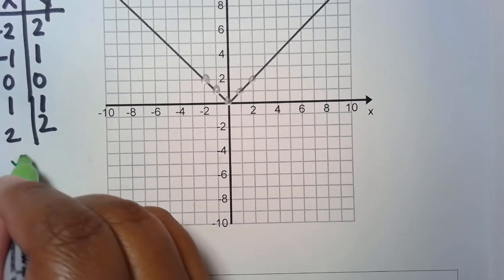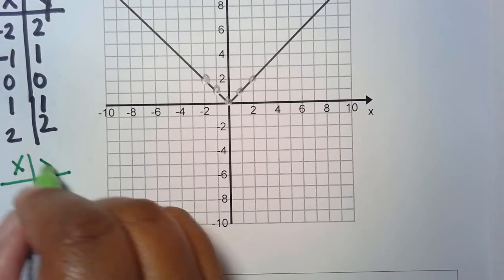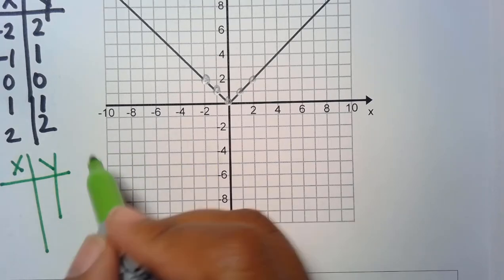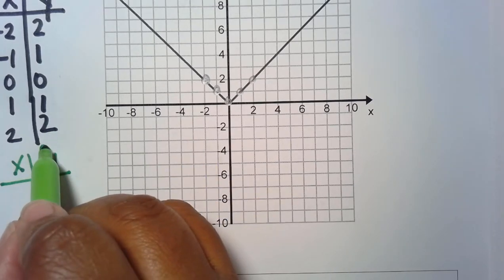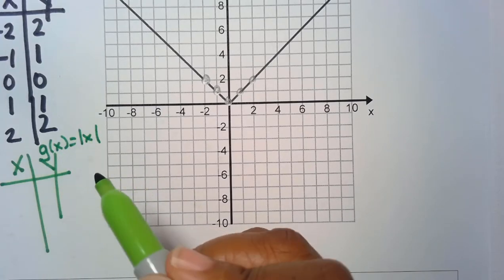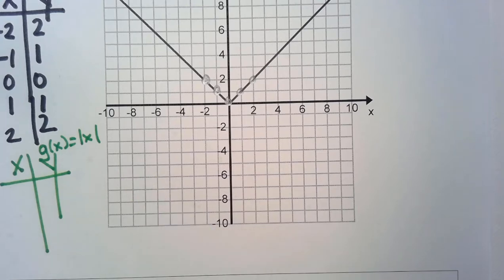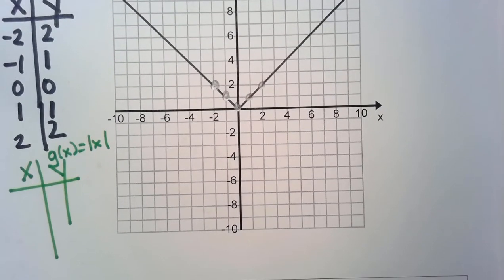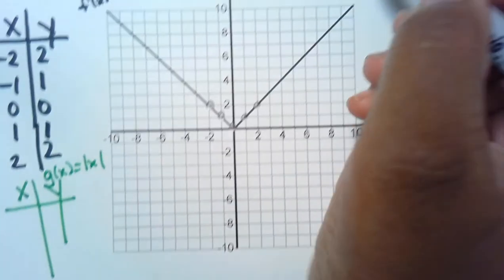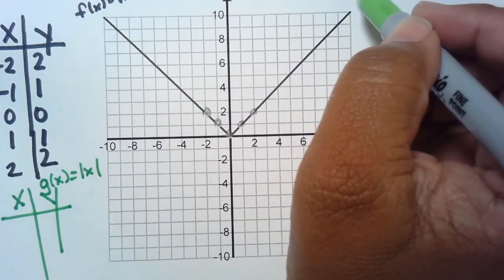How to determine, okay, and my y shouldn't be so long here, but this is our g of x is equal to the absolute value of x. What we're going to do is multiply to determine how to reflect about the x-axis.